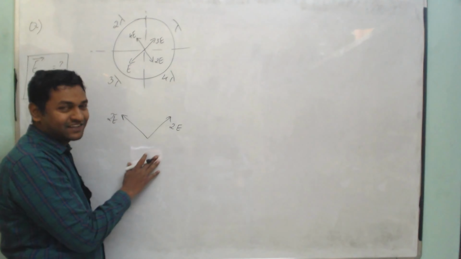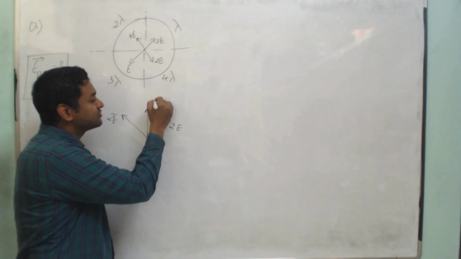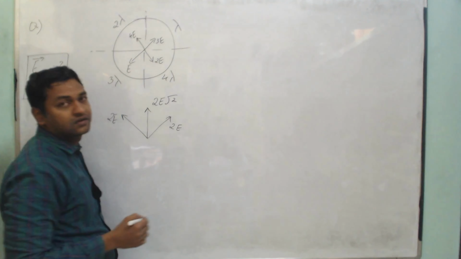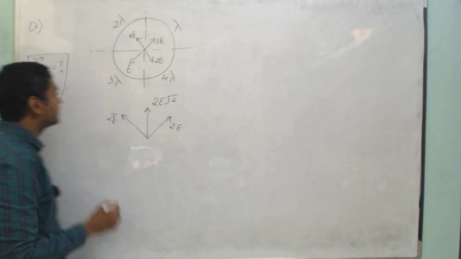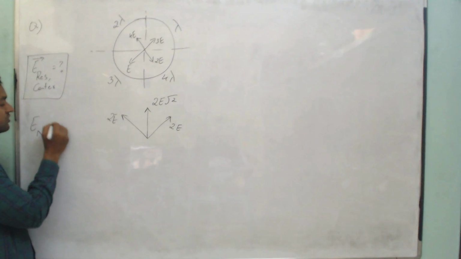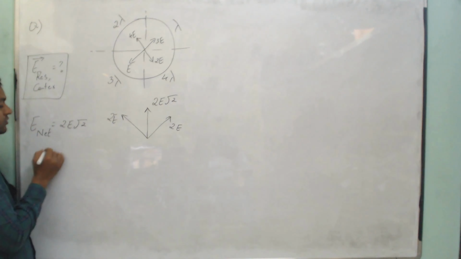So the resultant in terms of E is 2E root 2. So E net is equal to 2E root 2. But what is E?